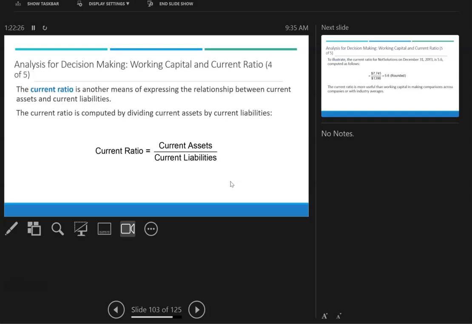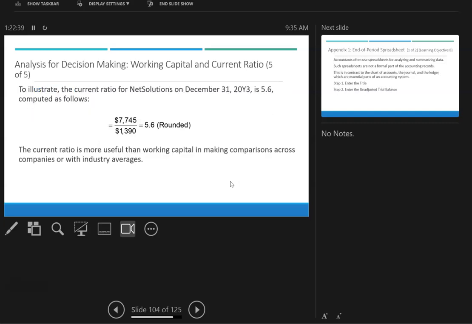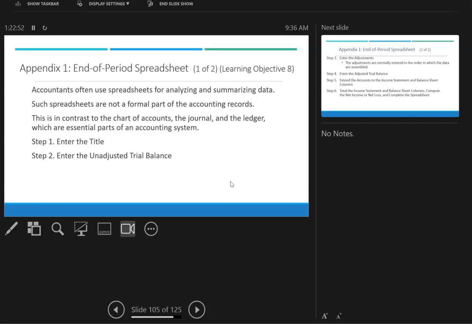It's that simple. Another thing you might hear a lot about, there's a lot of ratios, but the current ratio is current assets divided by current liabilities. The current ratio, you hear about it much more than you will working capital when investors are trying to analyze various companies.